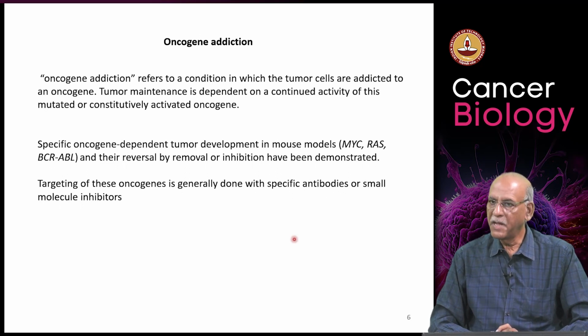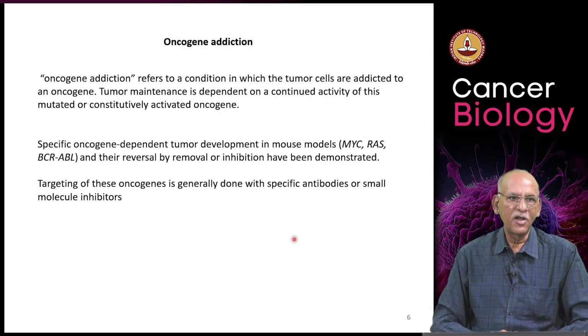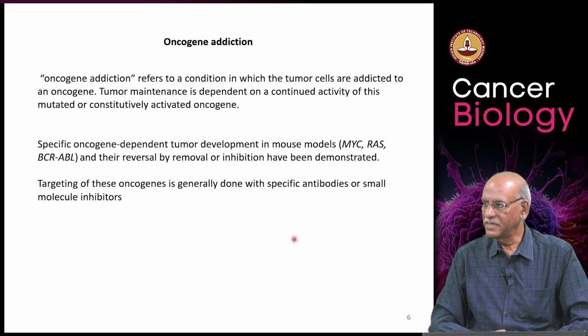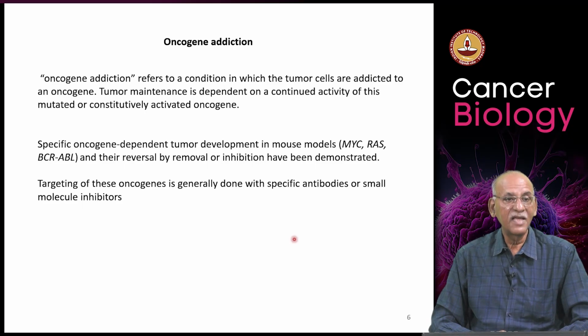Just a few minutes back, I was telling that you need several targets. In fact, cancer develops due to defects in multiple genes. So, it is a good idea to target many of them, but there are exceptions. One exception is called oncogene addiction.